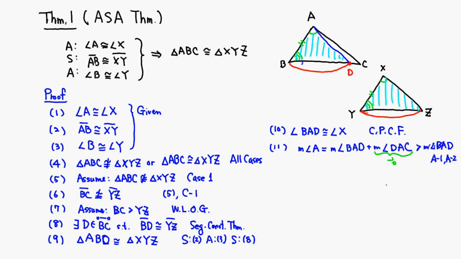Then, combining those two, line number 12, we know that the measure of angle A is strictly larger than the measure of angle BAD, but the measure of angle BAD is the same as the measure of angle X. Therefore, the measure of angle A is strictly larger than the measure of angle X, which contradicts line number 1.